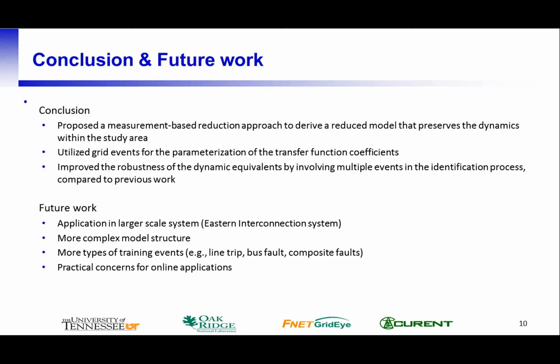And we also consider practical concerns for online applications, for example, the update interval of this dynamic equivalence when system conditions change significantly, or the data processing of the PMU measurements in online applications.